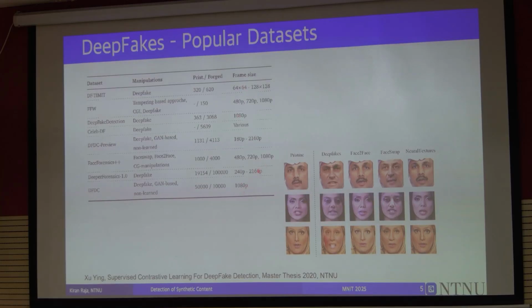Some of them even go to 2060p, which is 2 megapixel images, right? And then you see some examples here: the pristine images which are not manipulated, real images, and the images on the right side are all deepfake images, from different families of manipulations.